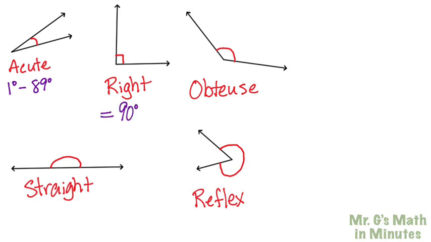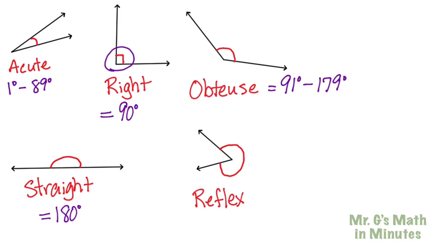And you know you have a right angle if you see that symbol down there in the corner. Anything greater than 90, so from 91 degrees all the way to 179 degrees, you'll find an obtuse angle. The other one that's just as important as the right angle is a straight angle. It's formed by a straight line, and those are equal to exactly 180 degrees.